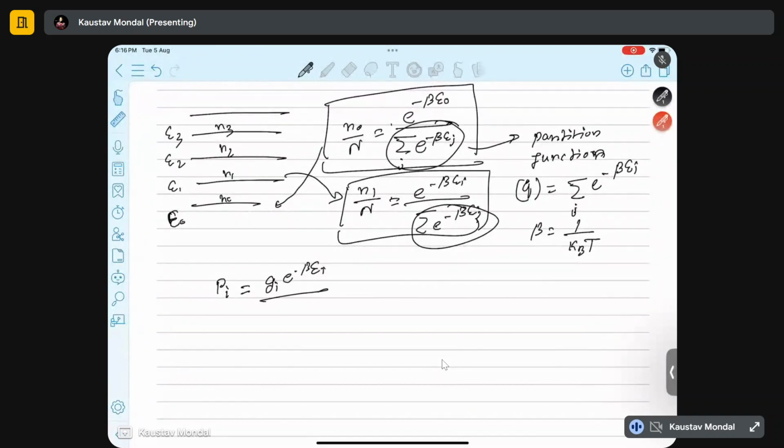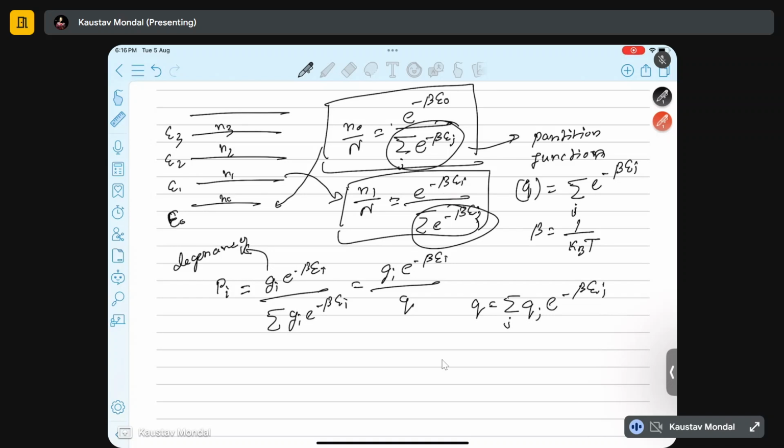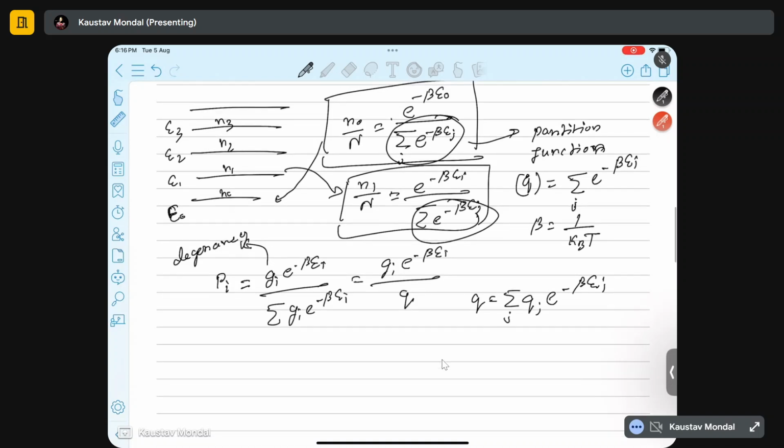Then we introduce a factor gi, which is the degeneracy. If you consider the degeneracy, then the equation would be gi e to the power minus beta ei over q, where q is this whole summation considering the degeneracy. This is the partition function.